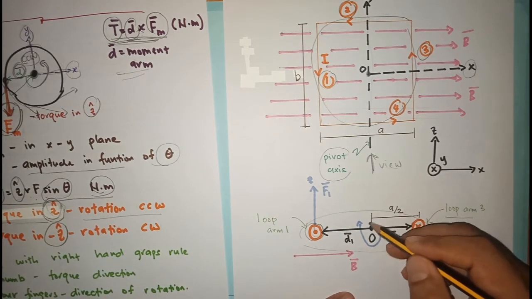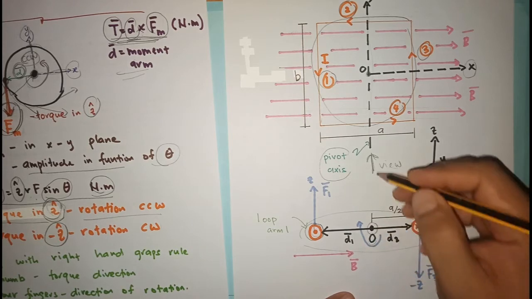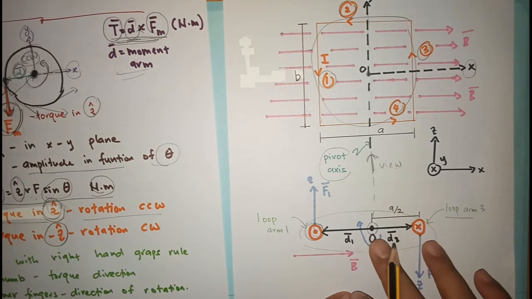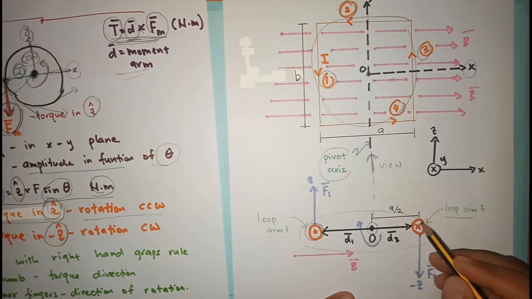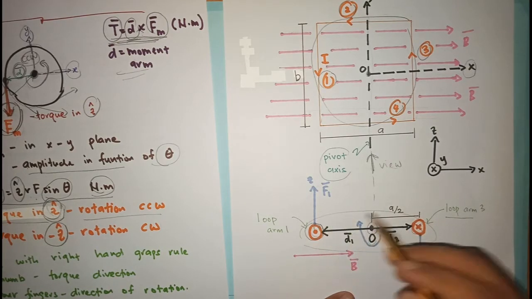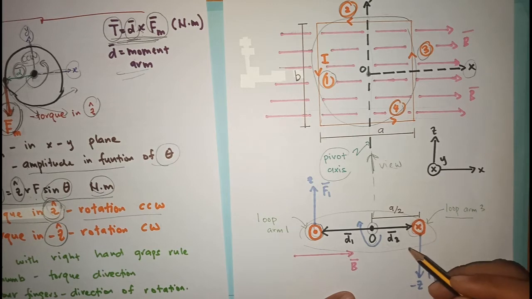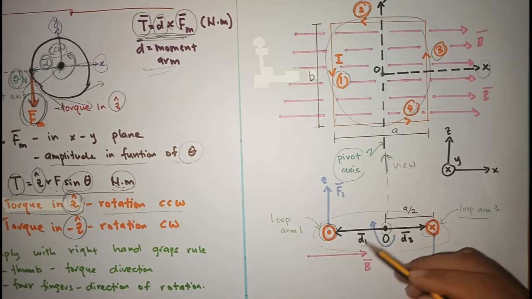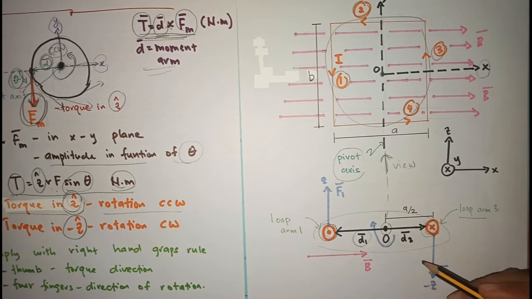So we still have our pivot axis here equal to 0, similar to what we have in this setup. The direction between our axis and the arm, loop arm 1 and loop arm 3, will be represented by another vector. In this case, we represent it by using the d vector, or moment arm vector.